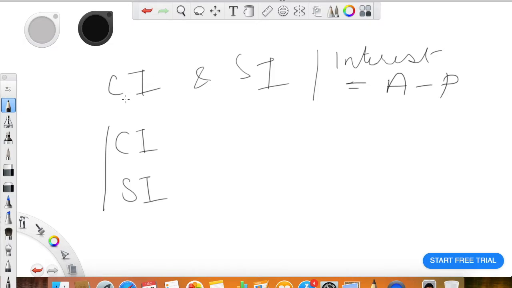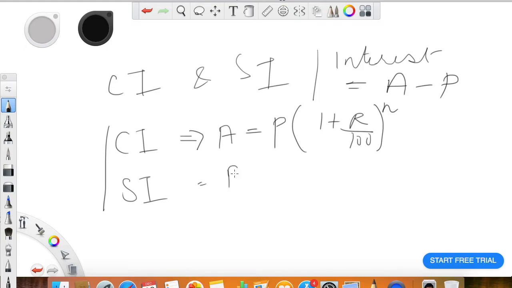For CI, the amount equals principal into (1 plus R by 100) raised to the power n, and for SI it is PRT by 100.